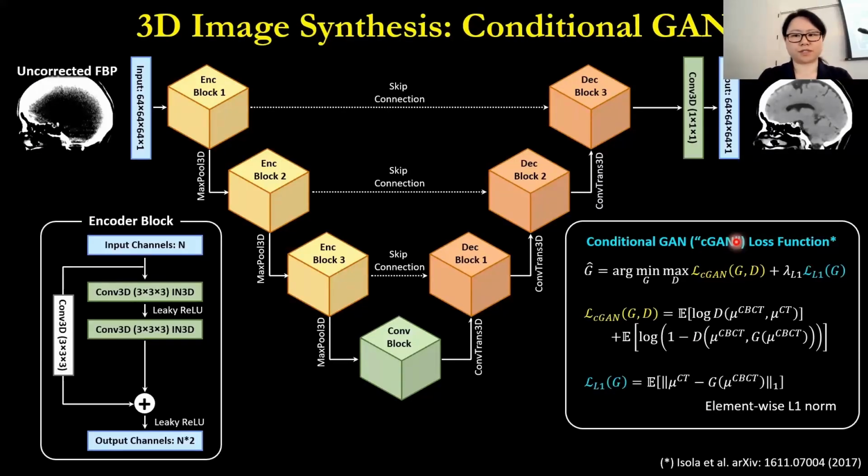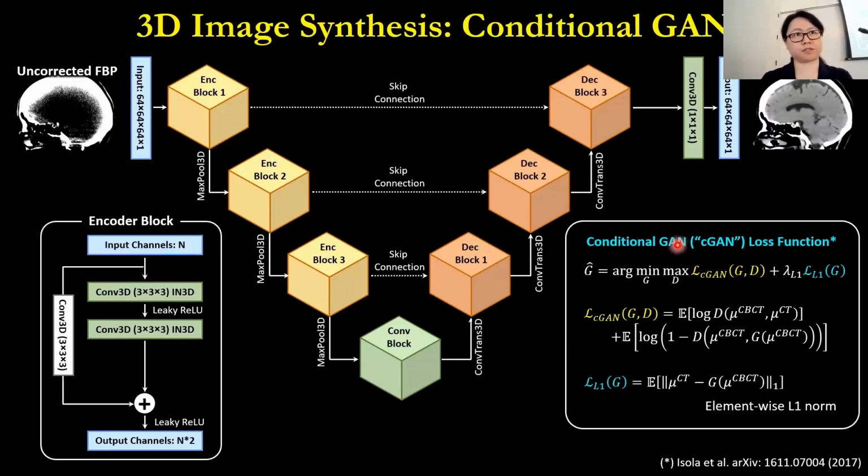For image synthesis, we develop a 3D conditional GAN where the generator is a 3D UNet with residual blocks at each level of the encoding and decoding path. The network takes in a 3D uncorrected FDK volume, extracts 3D patches from this volume, and then aggregates all the patches at the end to form a synthetic CT volume.